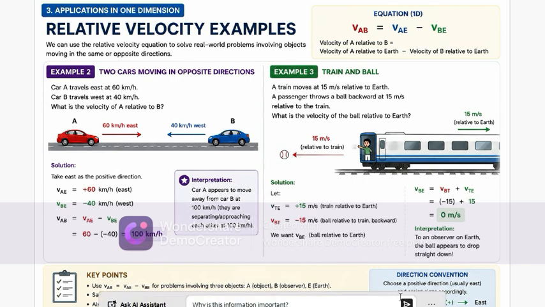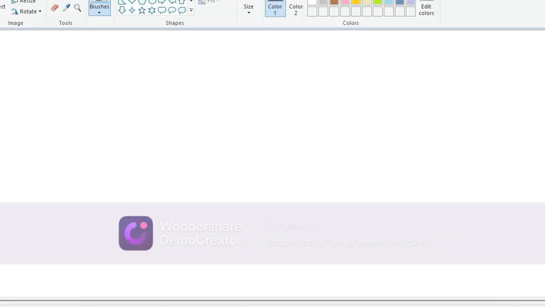But this equation was like this before it became like this: the velocity of bow relative to train is equal to velocity of bow relative to Earth minus velocity of train relative to Earth.